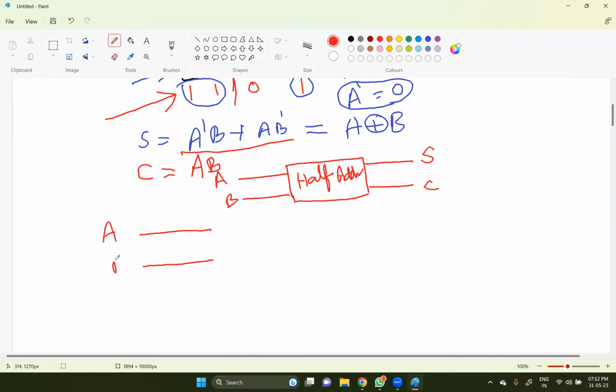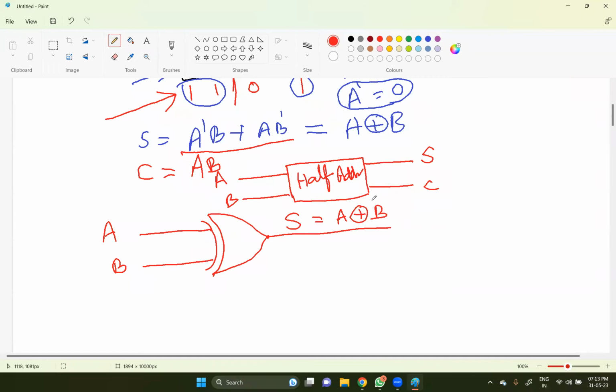So this is A and B. Then the exclusive OR term will be represented like this. So this is exclusive OR, which is considered as sum equal to A exclusive OR B.